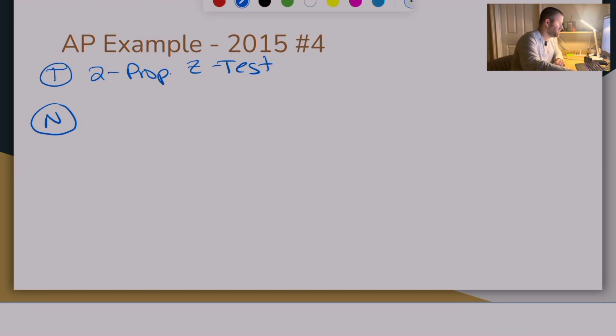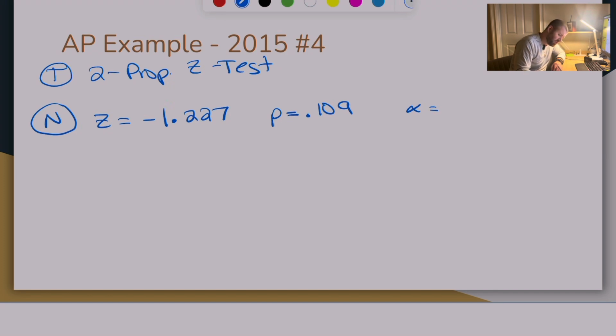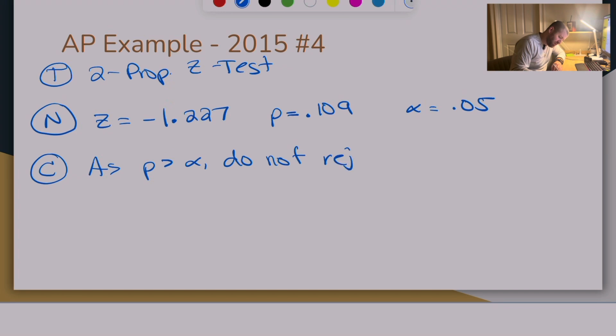And so, in this particular case, what I get for a test statistic is negative 1.227 with a p-value of 0.109 and my significance level of 0.05. So my conclusion stays the same here, right? As my p-value is greater than my significance level, we do not reject our null hypothesis. It is that straightforward and that simple.